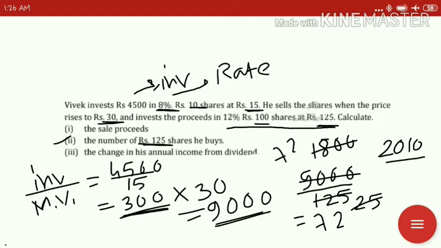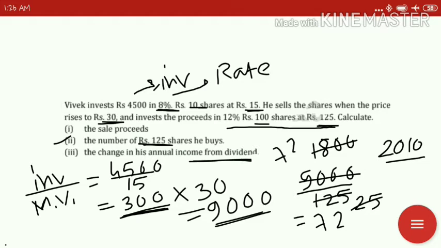And now the change in his annual income from the dividend. So change of his annual income from dividend means how much his annual income as a dividend has changed. So from the first investment, you can easily find out the dividend by using the formula that the dividend equals face value into number of shares into rate of dividend.